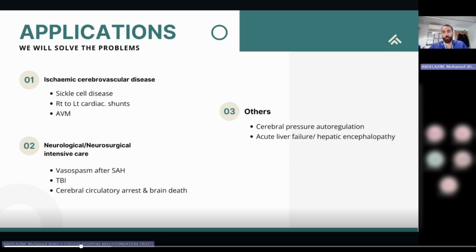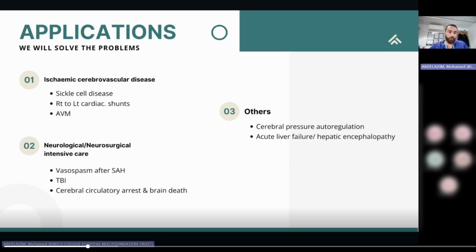Others could be cerebral pressure autoregulation, and by autoregulation we usually refer to the ability of the brain to maintain its cerebral blood flow despite changes that might happen in the cerebral perfusion pressure. TCD can help us assess this feature of the brain through getting what we call the mean flow index.